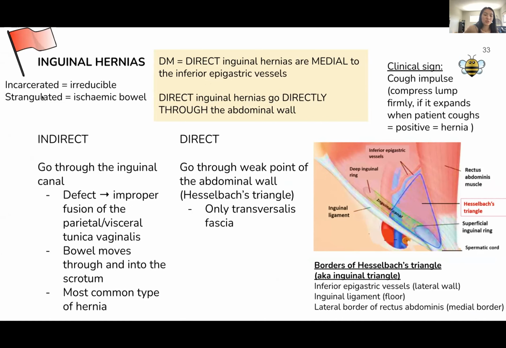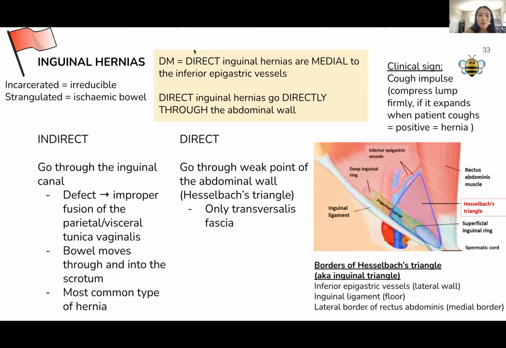Okay, so if it's irreducible, it is now incarcerated, which can then turn into a strangulated hernia, and that's really bad, because it's been incarcerated for so long, stuck outside, that it starts to lose its blood flow and then die. Okay, so ischemic bowel is a life-threatening thing, because you can get septic, and obviously you have lots of problems from food not being able to go through.